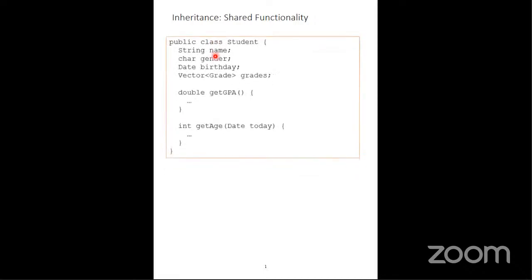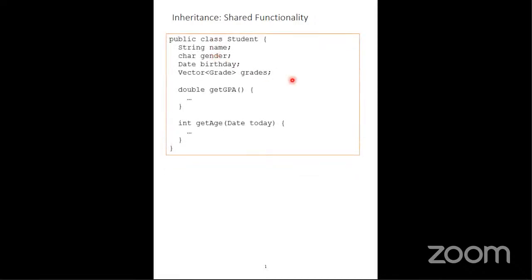Consider that I have a class called student. So as you can see, public class student. I have certain instance variables like name of the student, gender of the student, birthday of the student, and there is a grade vector where I am storing various grades earned by the student. From that grade, using a method, I am calculating GPA.